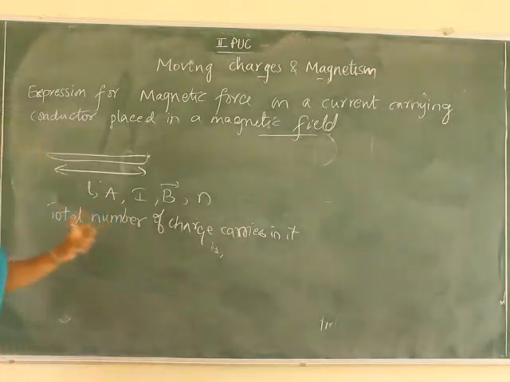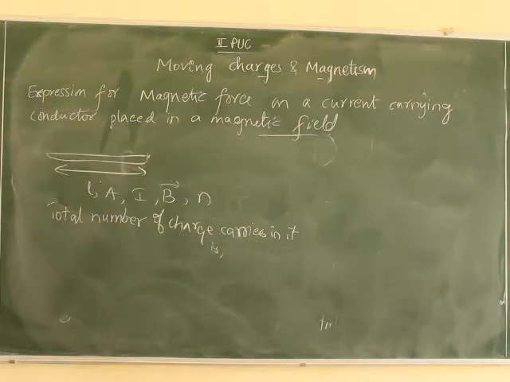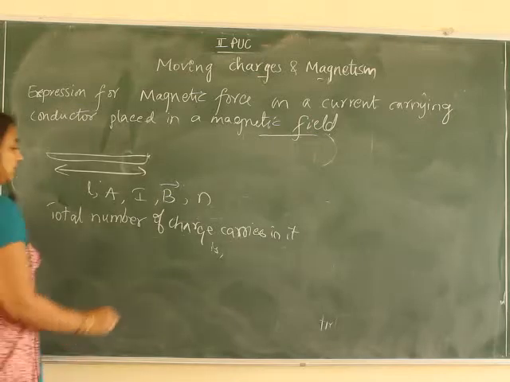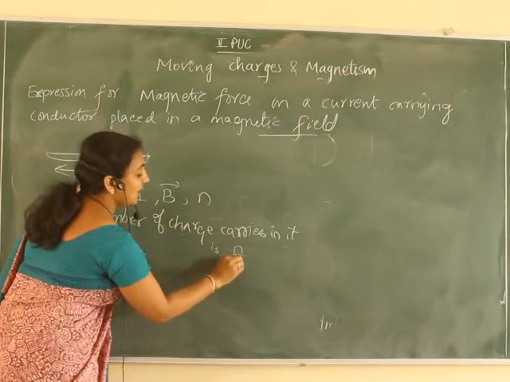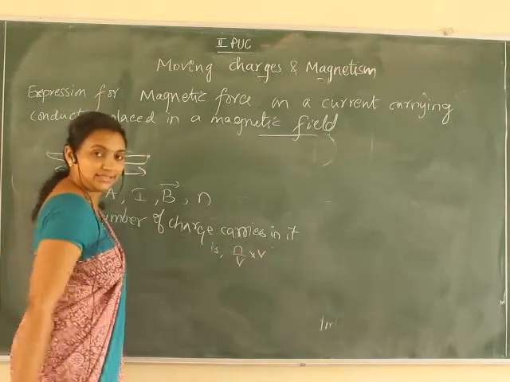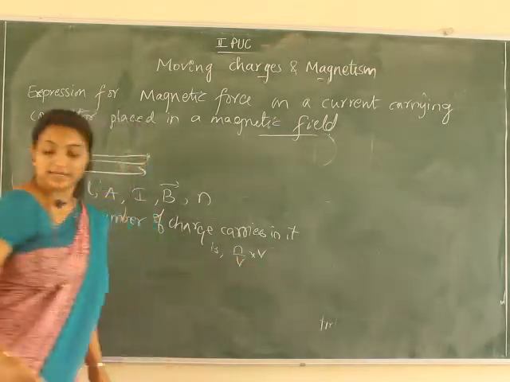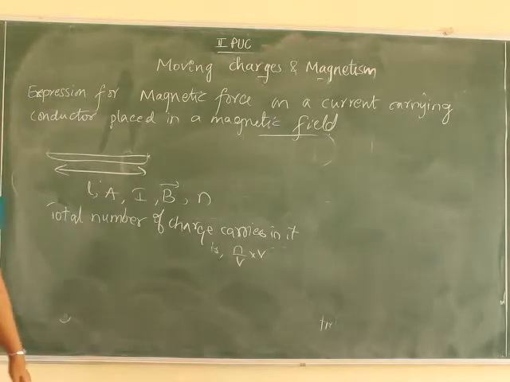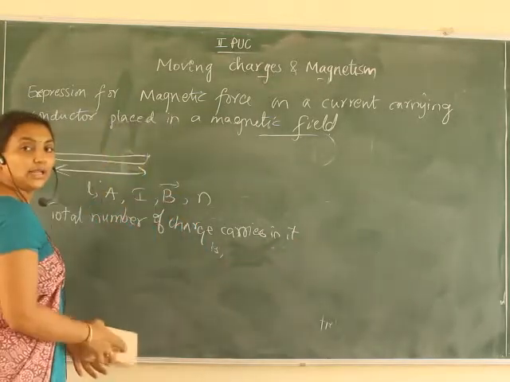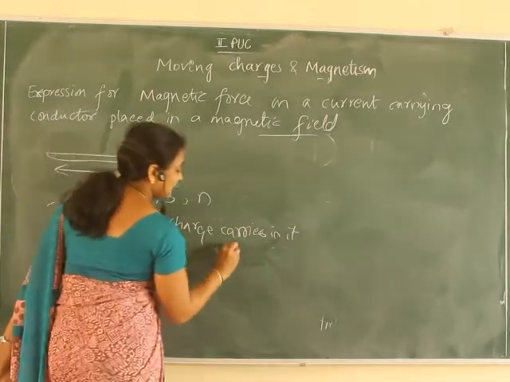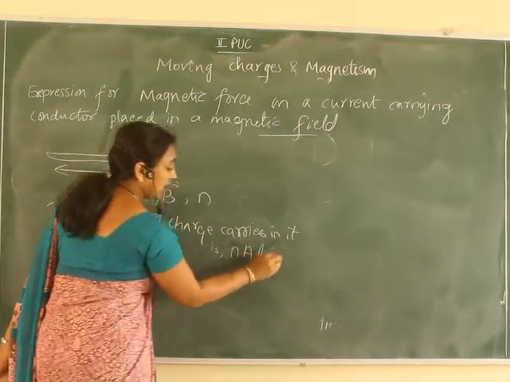For unit volume, N be the number of electrons. Then what is the total number of electrons or total number of the charge carriers? N per unit volume into V, correct? But V, can I write it as A into L? Yes. Volume is equal to area into length. So I will write N A L.